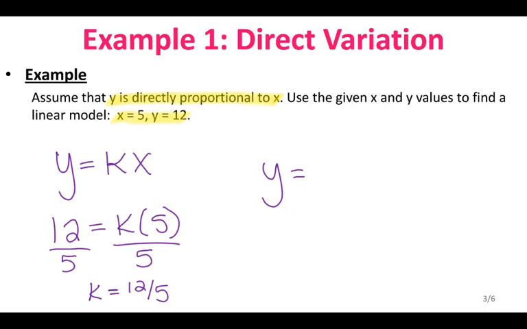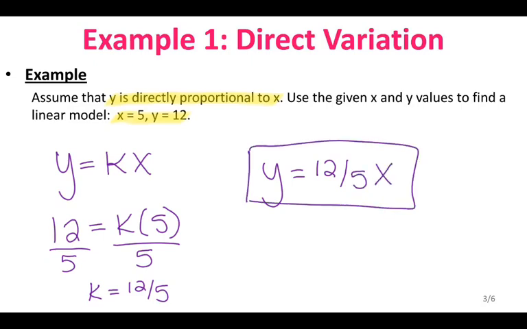So for your equation, you're going to go back to the y equals kx, but you're going to leave x and y as variables. So k is 12 fifths times x. So this right here represents the linear model for the direct variation.